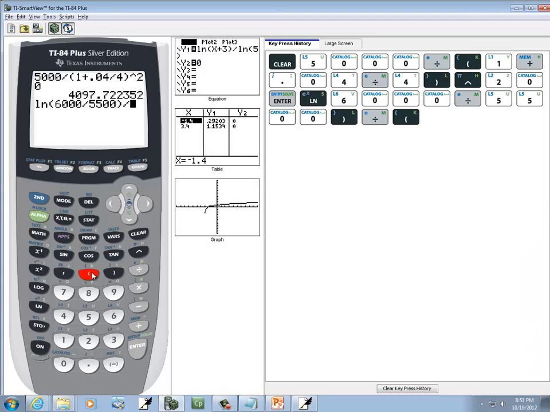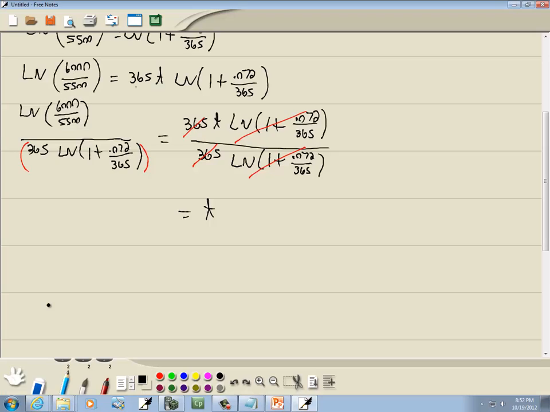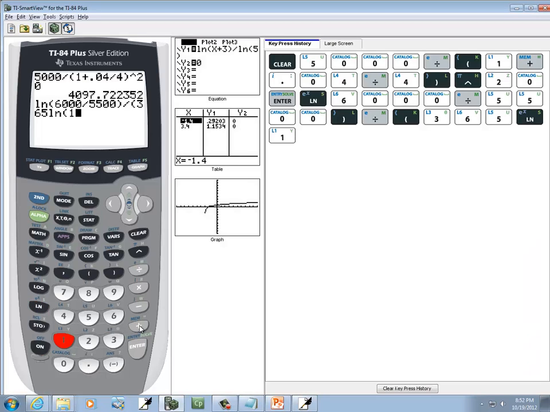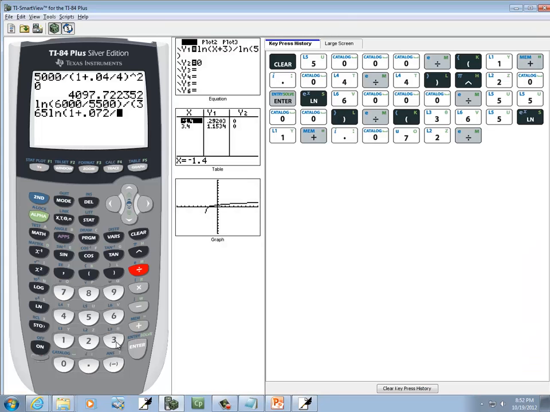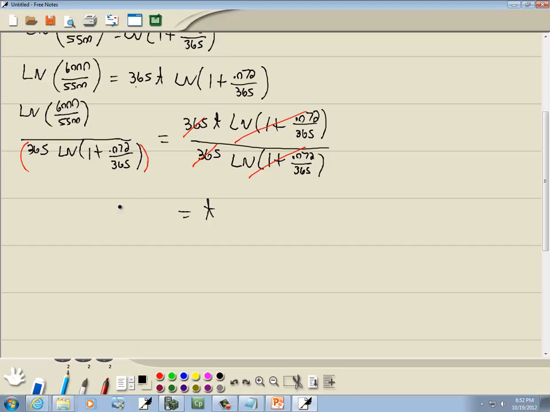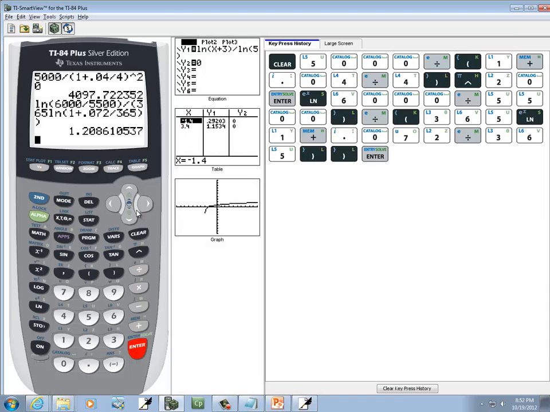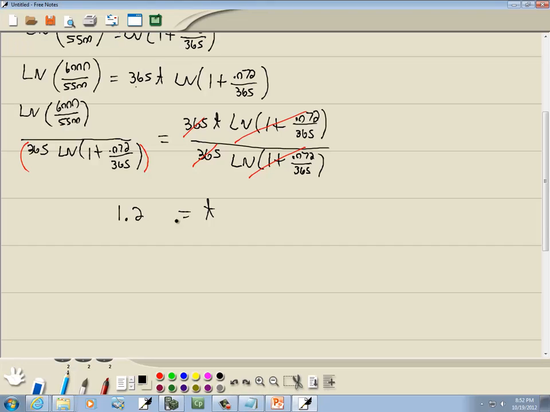So I'll put a beginning parentheses on our bottom part: 365 natural log of 1 plus 0.072 divided by 365. Closing parentheses on the natural log, closing parentheses on the denominator, and enter. So T is going to equal, I'll take it to one decimal place, 1.2 years.